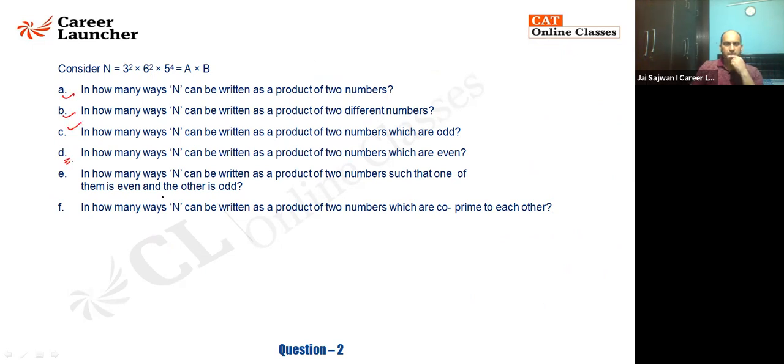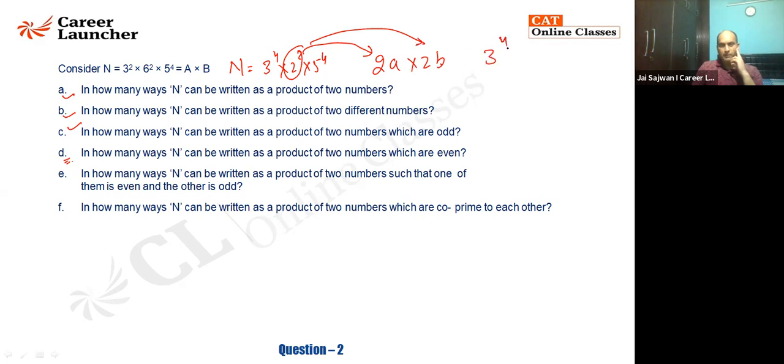Let's talk about B. How many ways can n be written as a product of two numbers which are even? So my dear, it is already given that n is equal to 3 to the power 4, 2 square and 5 to the power of 4. I want both numbers to be even. I will say one will be 2a and the second will be 2b. I know this 2 is square, 1 2 is gone here, 1 2 is gone here. What is left? It is 3 to the power 4 into 5 to the power of 4 will be equal to a into b.